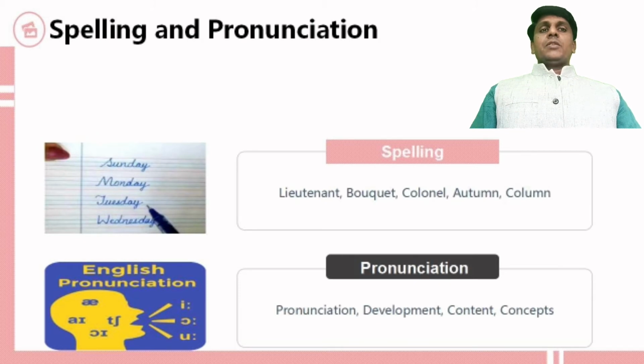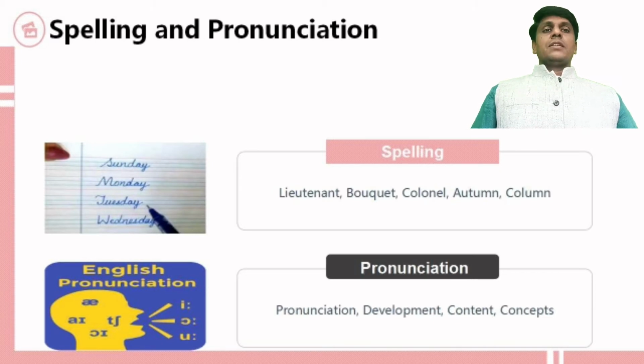When we talk about pronunciation, many spellings I know, or any learner of English knows, like the spelling of development, pronunciation, concepts, but sometimes the pronunciation is different.